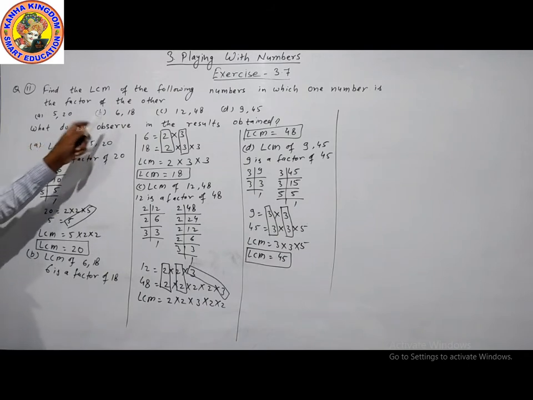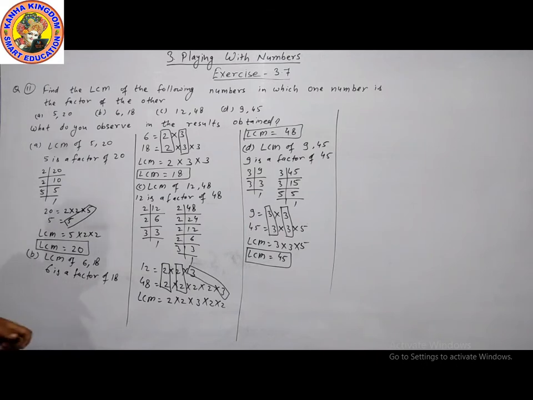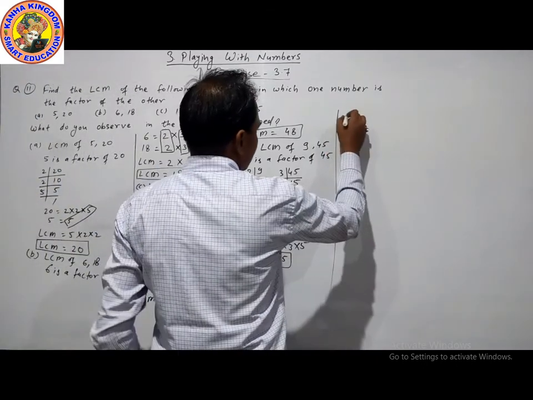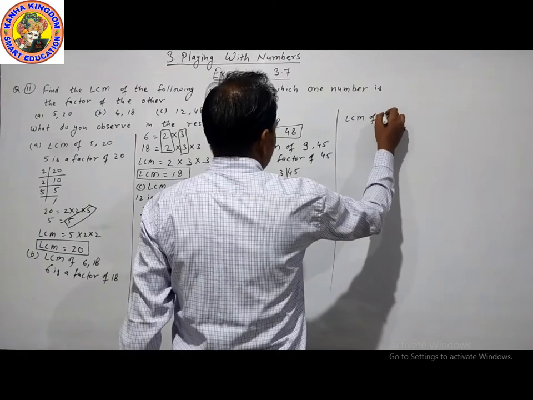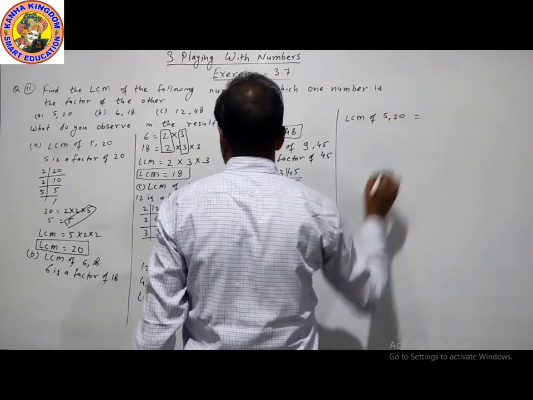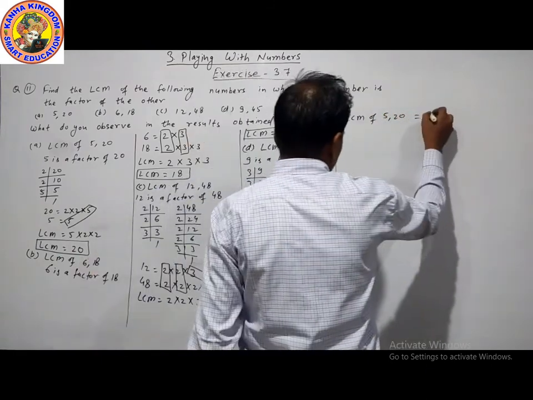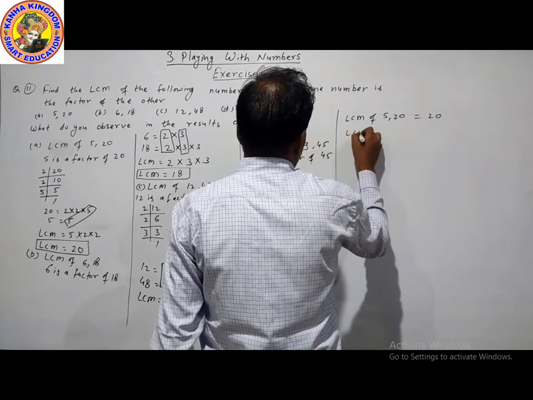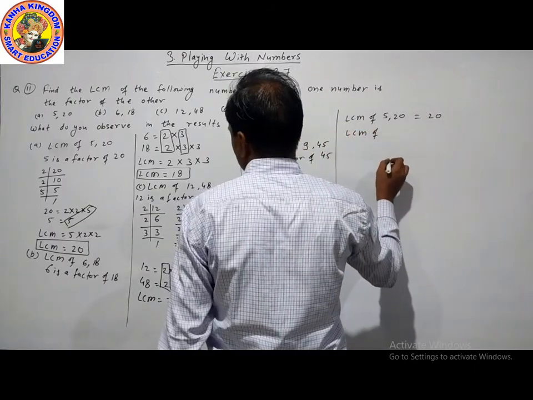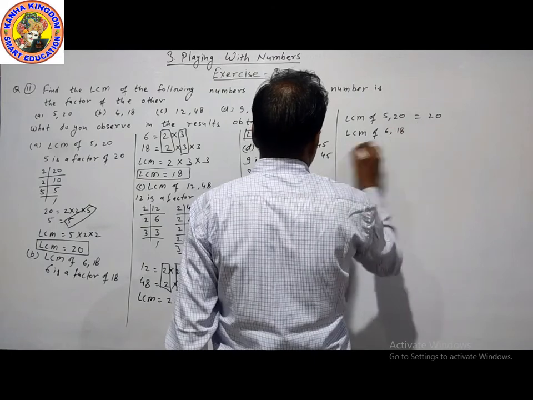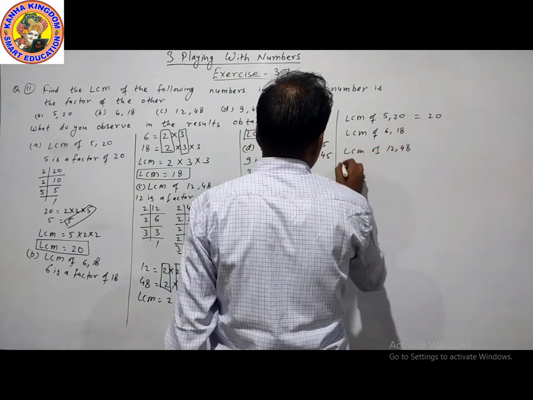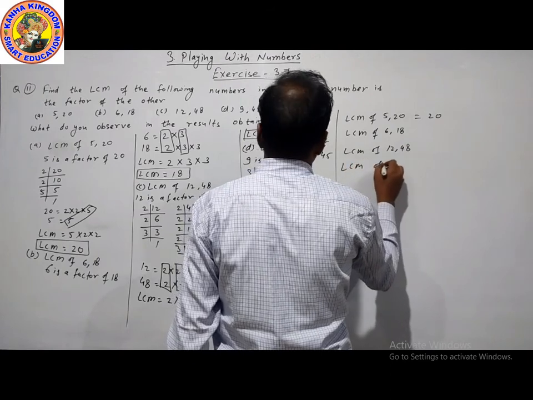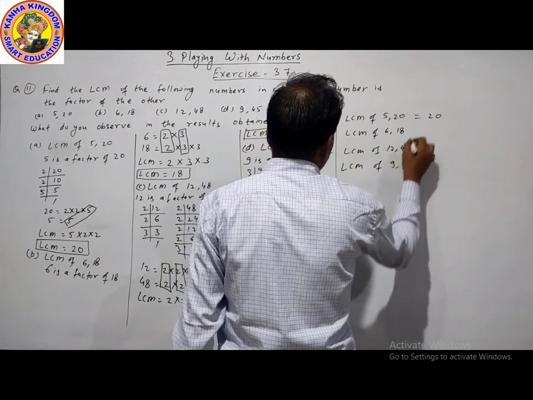What do you observe in the result obtained? LCM of 5 and 20 is 20. LCM of 6 and 18, LCM of 12 and 48, LCM of 9 and 45.